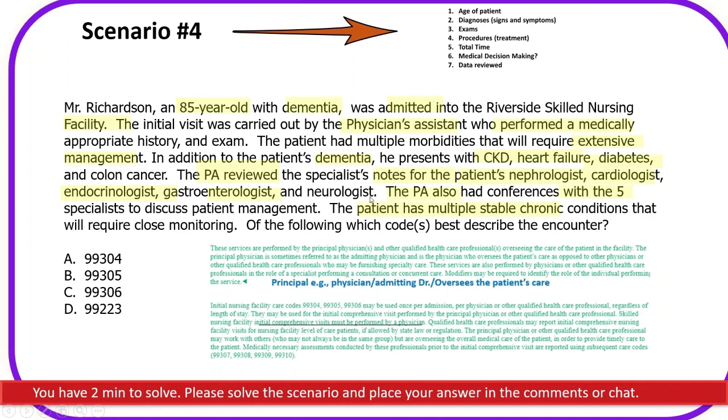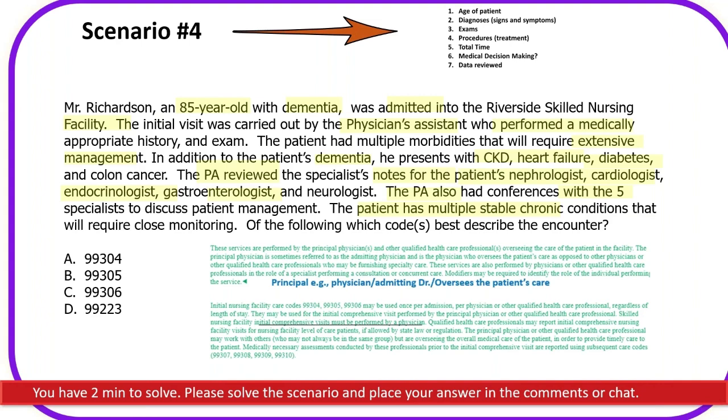It was a physician assistant who performed the medically appropriate history and exam and all the management. The discussion with the specialists, the nephrologist, cardiologist, endocrinologist, gastroenterologist, and neurologist, was all performed by the physician assistant. So I don't think this one can be given an E&M service code.